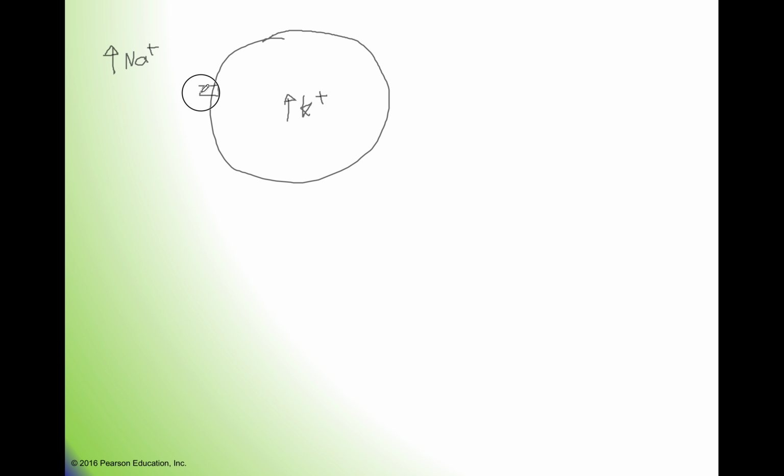I'm going to start by inserting this channel, which I'm going to call sodium leak. If I have a sodium leakage channel, there is no energy, so sodium, which is high outside, is going to start to leak into the cell with its concentration gradient. So this channel is going to allow sodium to move in. Now I also will have another set of channels that I'm drawing at a higher number.